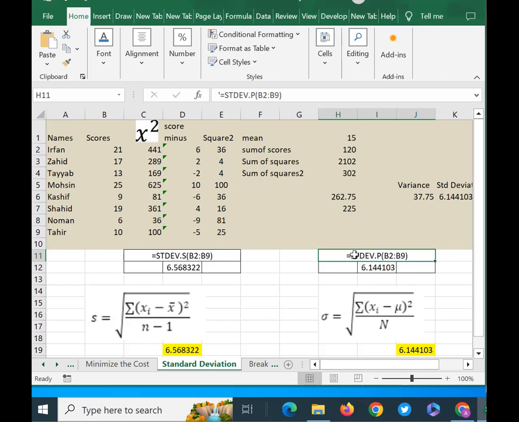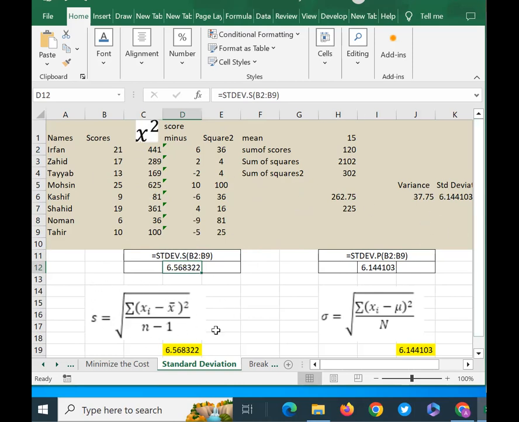So by this we know the varieties of standard deviation. One is STDEV.S, and you give the range. It will do all this work for you and bring the result. You don't have to do all these things, right?